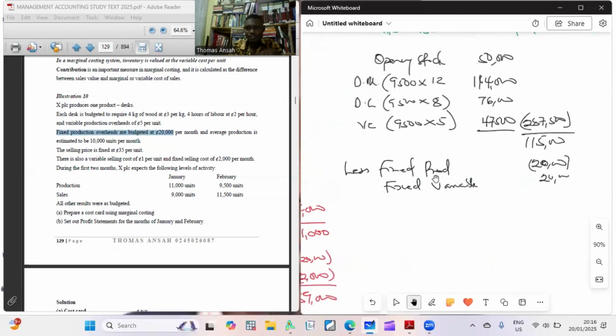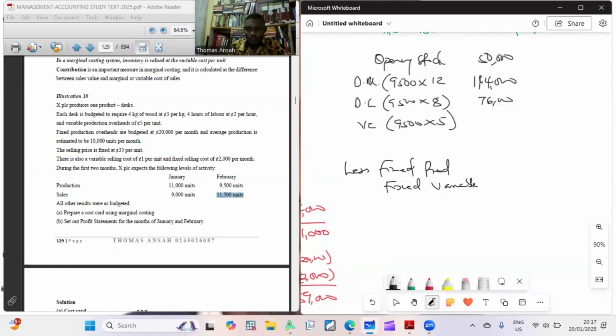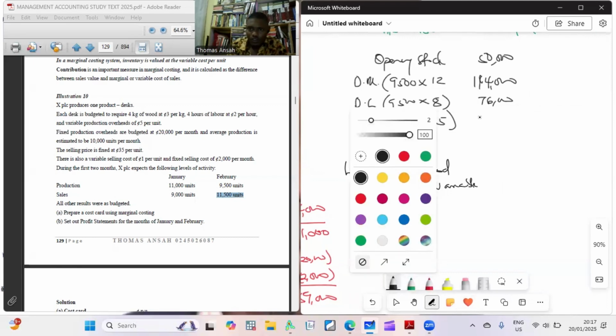So let's bring it in. Let's say the variable selling here is 1 cedi per unit, but this time around they sold this quantity. Okay, here you go. So let me delete this one. So this one was 47,500, right?